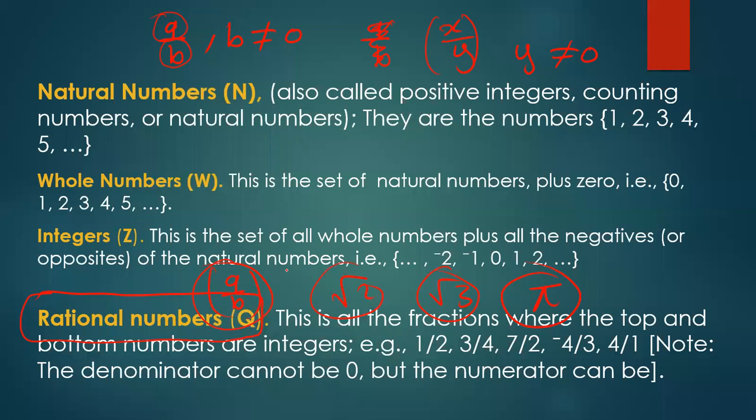So when you add the two sets, the set of rational numbers and the set of irrational numbers, when you put them together, the set that you always form is known as the set of real numbers. That's what it means. If you want, you can just say all the numbers in the world, you subtract the set of complex numbers, the remaining set is known as the set of real numbers.